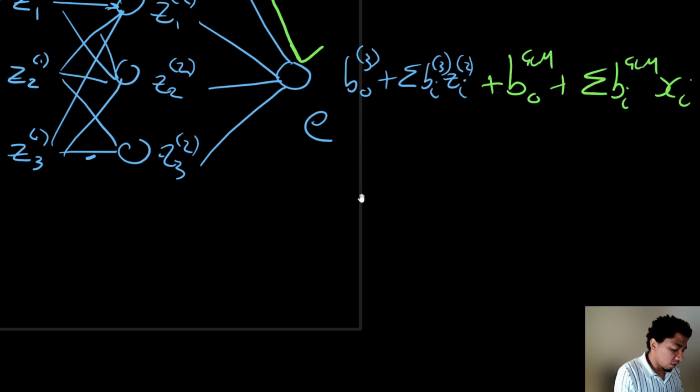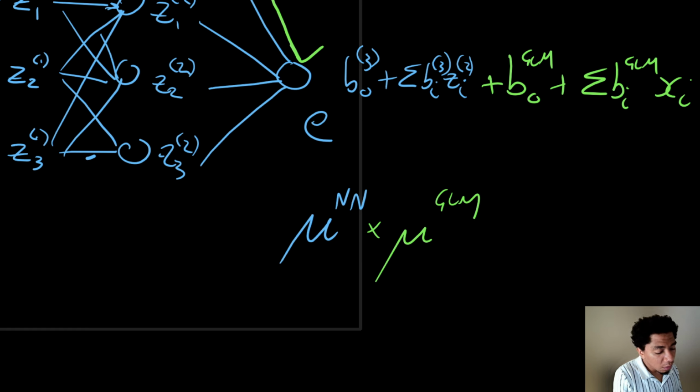And yeah, so in simple form, this becomes a neural network output there, multiplied by the GLM output there, and this is the combined neural network.